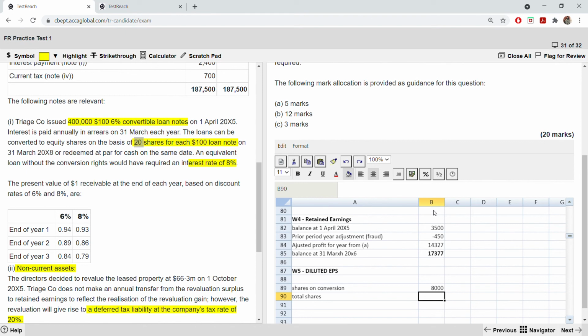Just think, what will be the total shares? There's no use of me going forward if you don't understand how you got the shares.